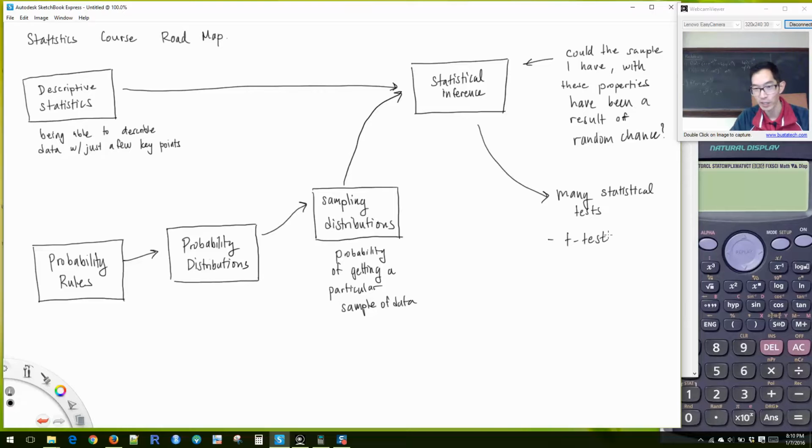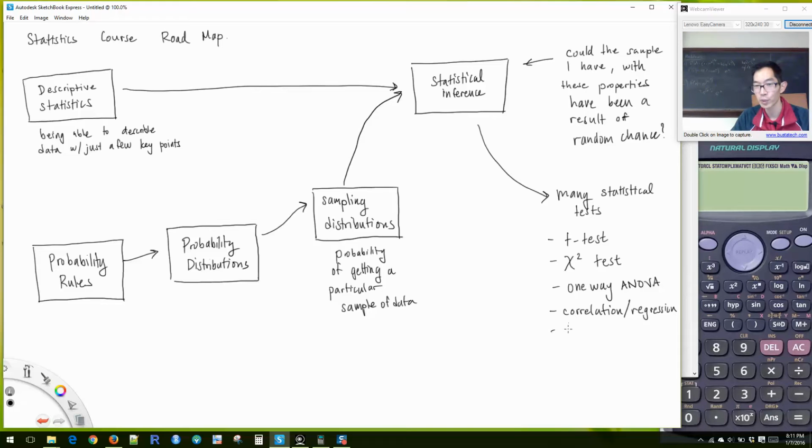We have the t-test, the chi-squared test, one-way ANOVA, and correlation and regression.